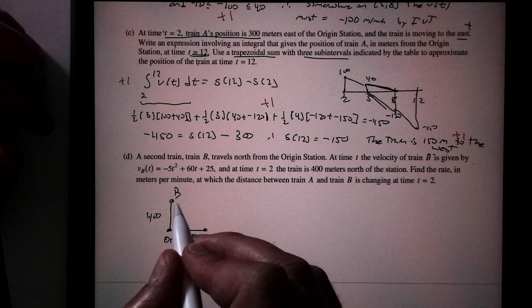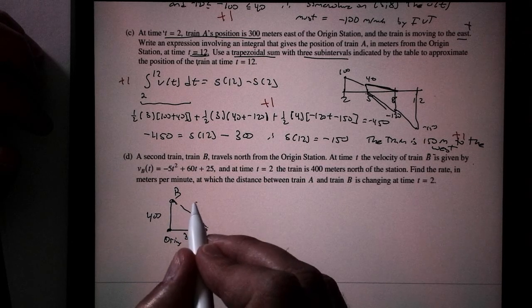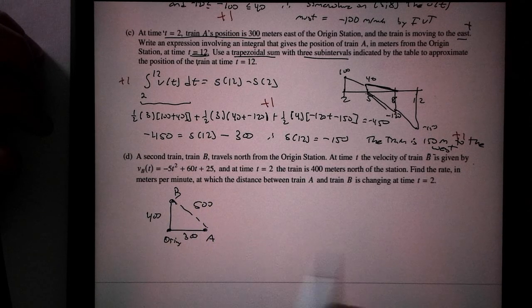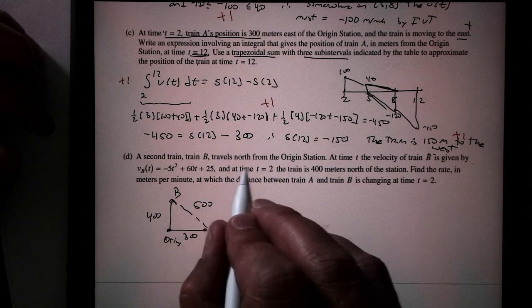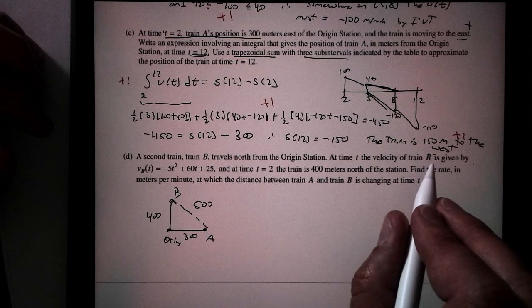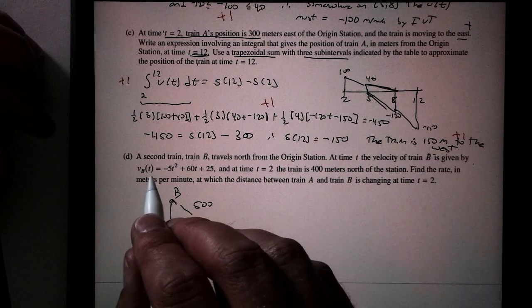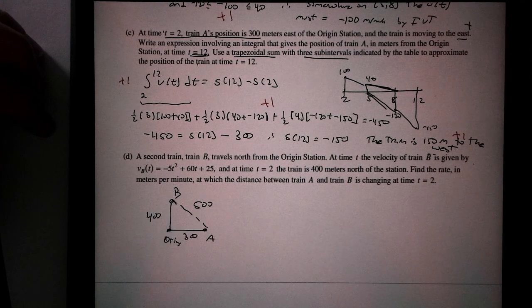So if I'm good, this is going to be a right triangle, so I already know that this distance is going to be 500. That's a 3, 4, 5 right triangle. So now we are told that the velocity of train B is given by v of t equals this equation. And we already know the velocity of train A.